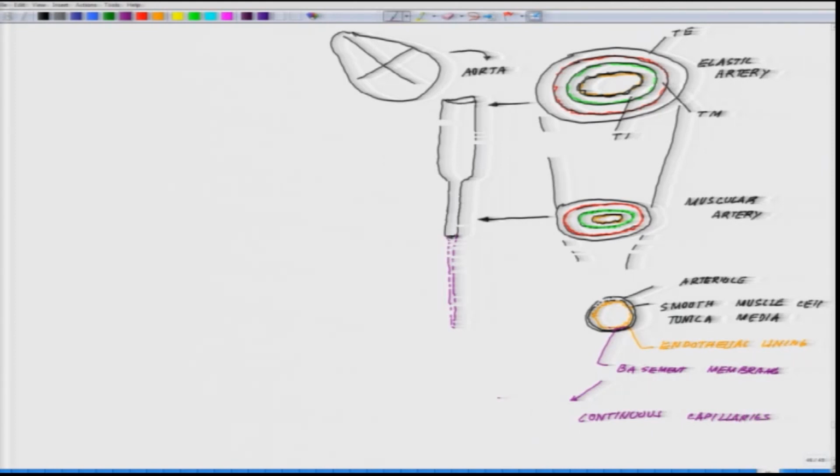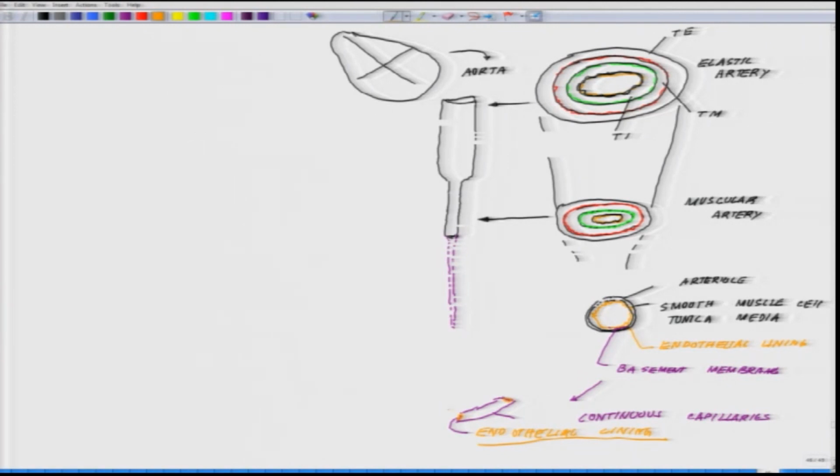These continuous capillaries are much narrower, yet they are purely made up of the endothelial lining, okay.